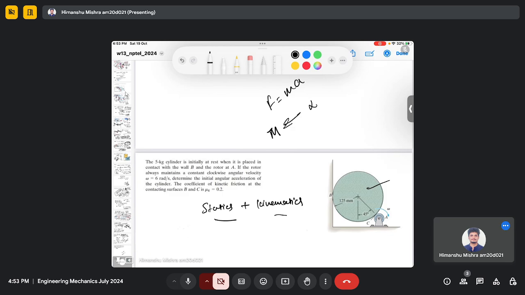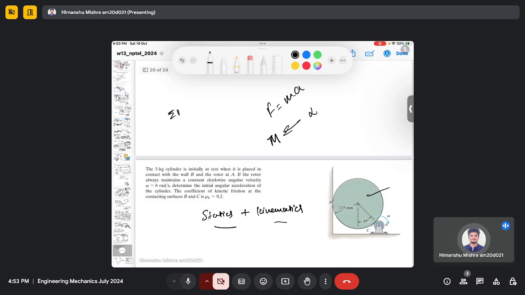Earlier in the statics part, we solved problems where the overall resultant force equals 0 and the resultant moment equals 0. But now since we have non-zero acceleration in the system, the resultant force is equal to ma and the resultant moment is equal to moment of inertia multiplied by angular acceleration.